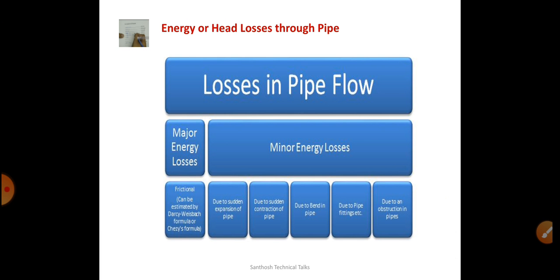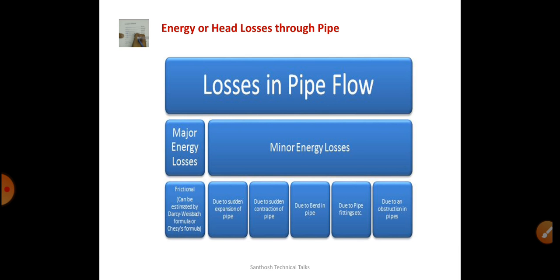And now I move on to flow through pipes: energy or head loss in pipes. Losses in pipes, that is the head losses or energy losses, we can categorize into two types. One is major loss and another one is minor loss.